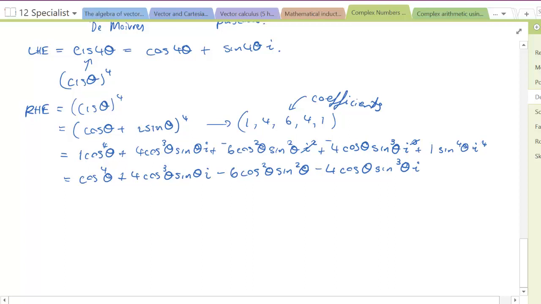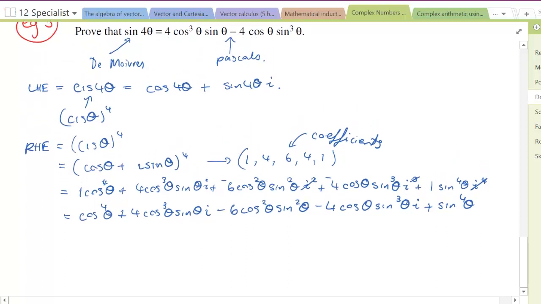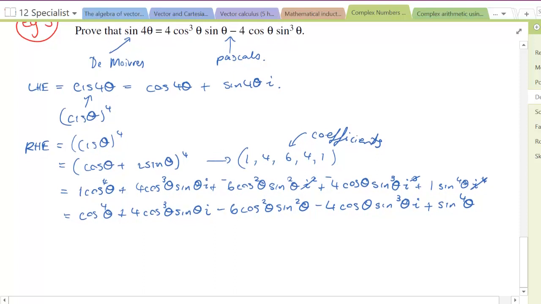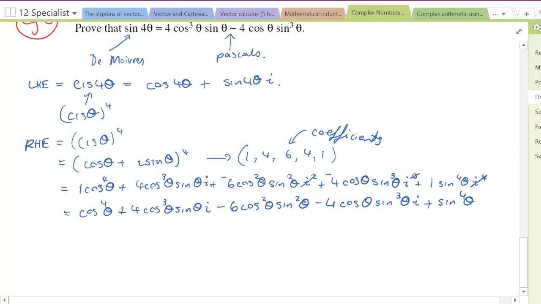And then finally i to the power of 4 is just 1, so we're left with sine to the power of 4 theta. Now, because we're trying to prove sine 4 theta, then it means it's the imaginary components that we're looking for.